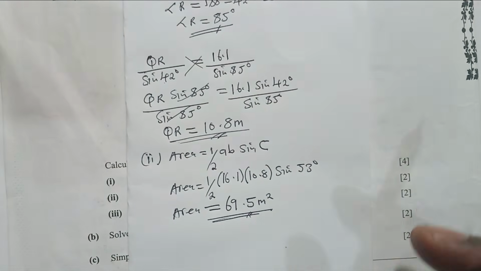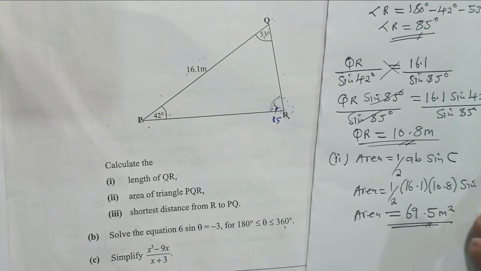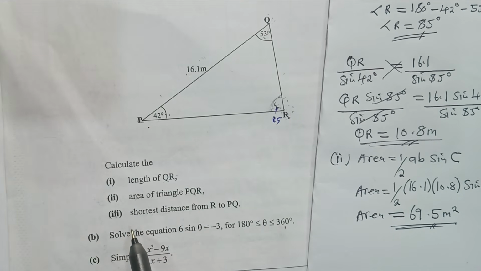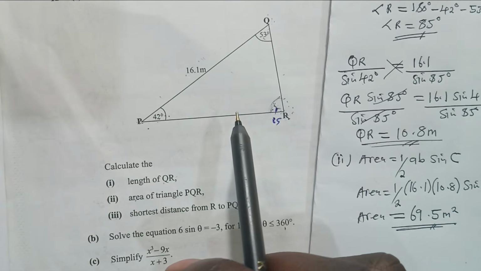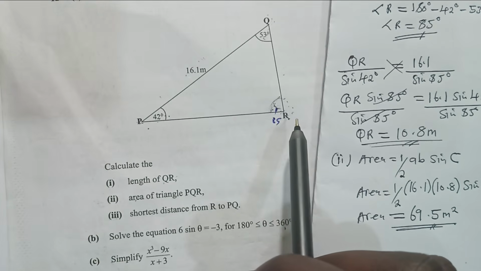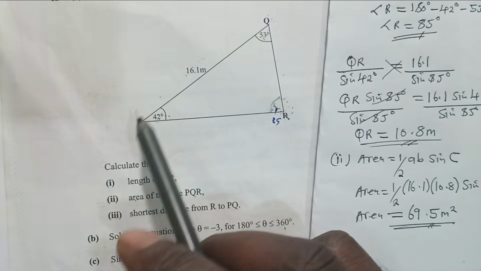Okay, we can move our attention to the third part of the question, which is talking about the shortest distance from R to PQ. Again, we need to understand that the shortest distance is simply the perpendicular height from R to PQ.